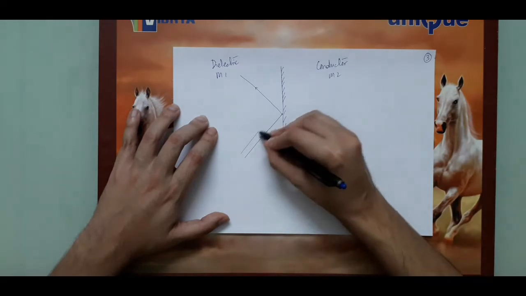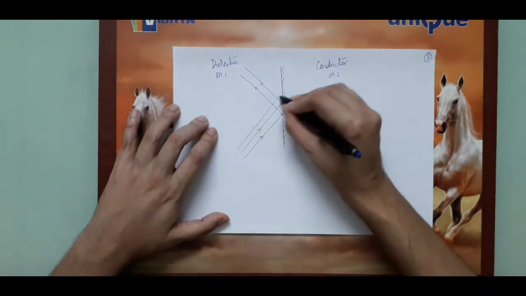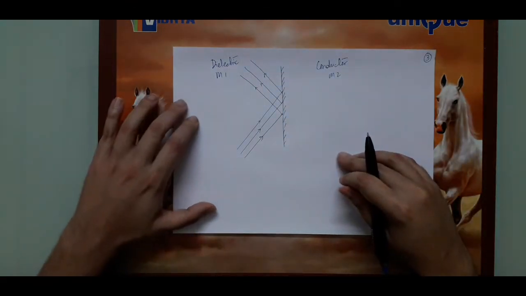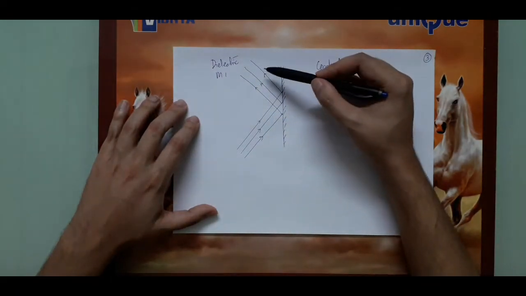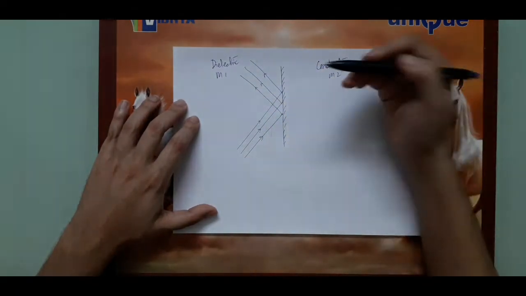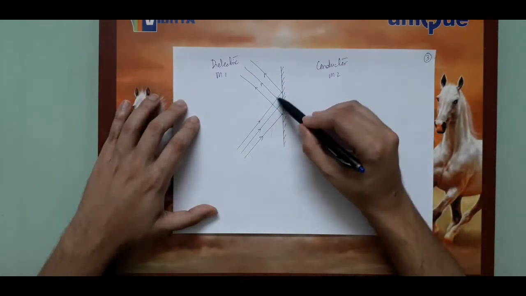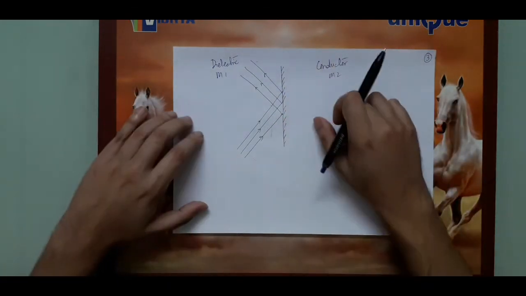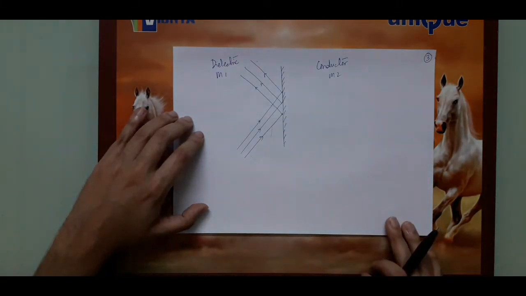I can have one more incident wave, I can have one more reflected wave like this. So in general, you will see that in medium 1, there are points where the incident and reflected waves briefly cross each other, or kind of they superimpose on each other. So therefore, nothing stops me from superimposing the fields also.